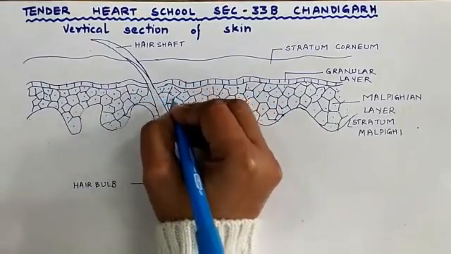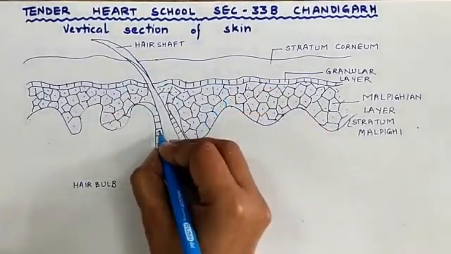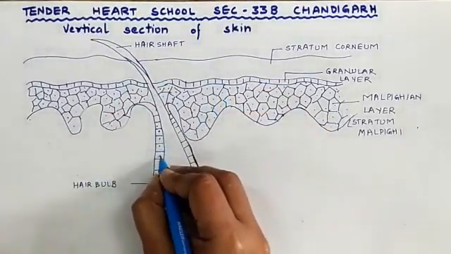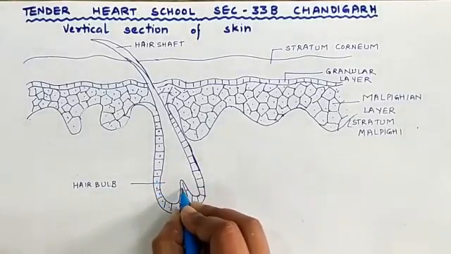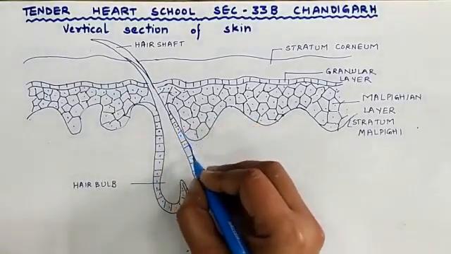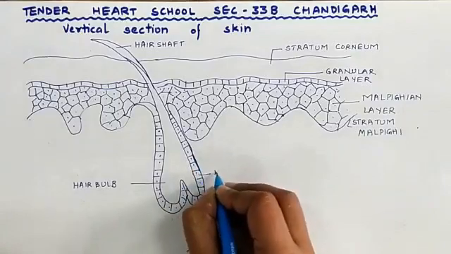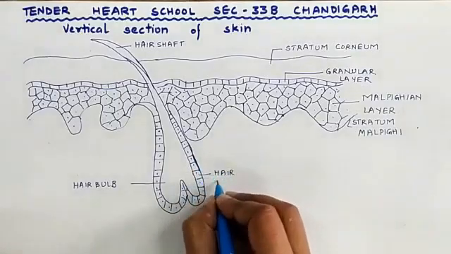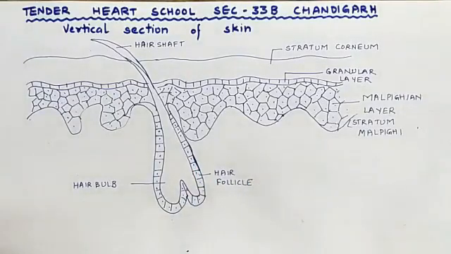So it is something like this. Now this layer is called the follicle. Hair follicle is providing nourishment to the hair, and it is responsible for proper growth and development of the hair. So this is your hair follicle, right?